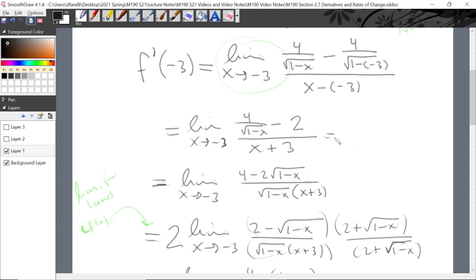Go back to this stage right here where we had limit as x goes to -3. Okay, we had this 4 minus 2 root 1 minus x over x plus 3, and we could say that's x plus 3 over 1. It's a fraction over a fraction, or fractions inside of fractions, which is in general what you're going to get when you're dealing with these ratios of rational or fractional functions.